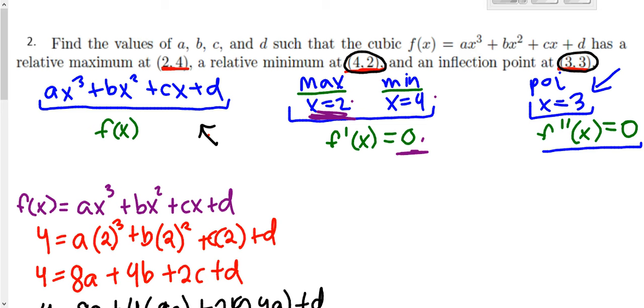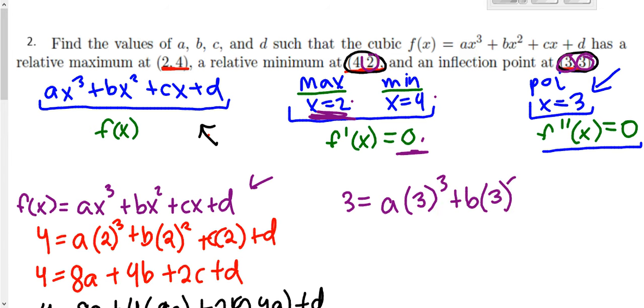So we're going to take our original. It's going to be equal to 3 when we plug 3 into our original. So we have a times 3 cubed plus b times 3 squared plus c times 3 plus d.